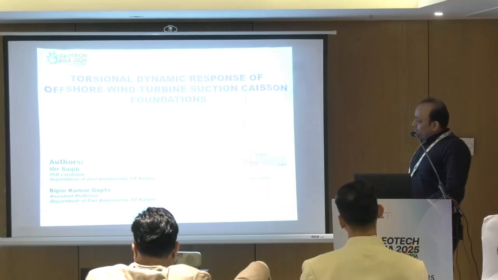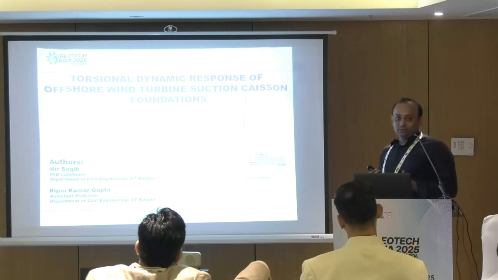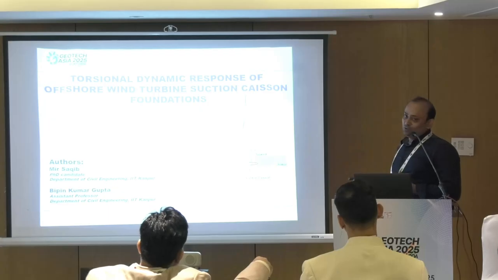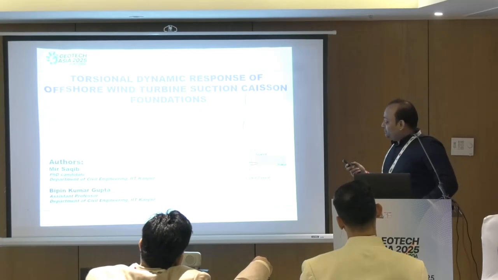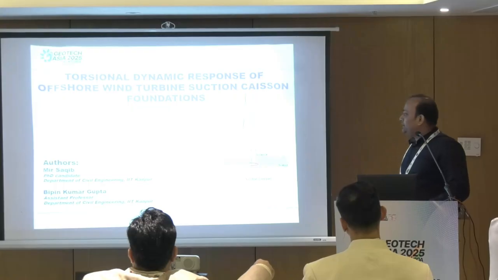Here you also see a torsional load, which is not well explored in the literature. Usually when you talk about offshore wind turbines, you talk about lateral loads, forces and applied moments. This paper is on torsion of offshore wind turbines, focused on caisson foundations.